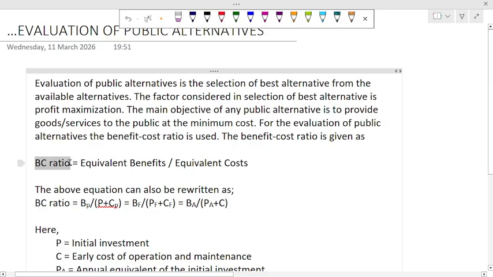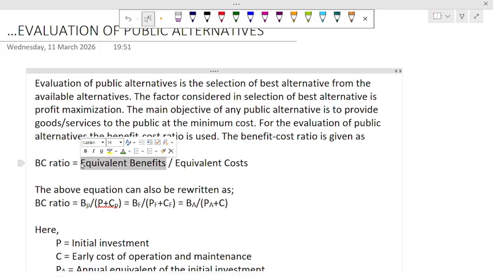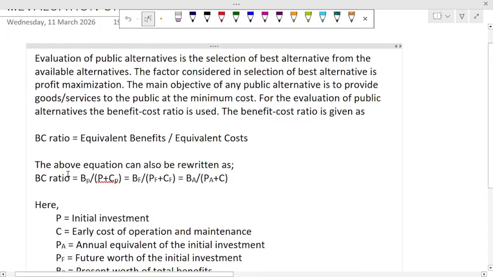BC, benefit to cost ratio, equals equivalent benefits divided by equivalent costs. Everything it costs you, all of them together, the equivalent costs. Then all your little benefits, whichever size of benefit you get, all of them together, the equivalent benefit, divided by the equivalent cost. That's your benefit to cost ratio.